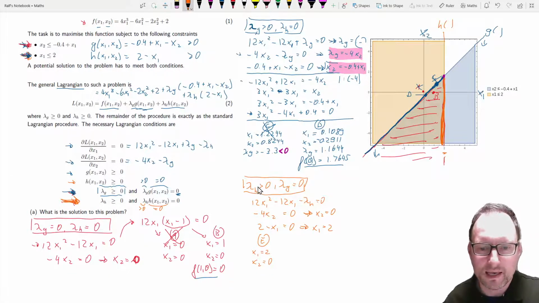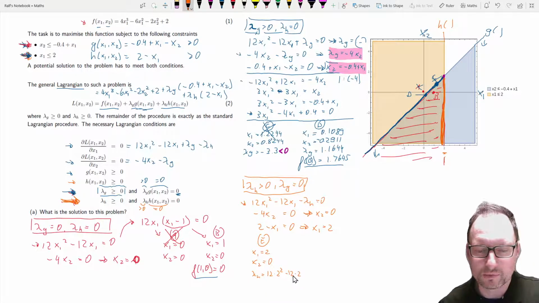What about lambda H? Okay, so we can see from this equation that lambda H is equal to 12x1 squared minus 12x1. So what do we get here? Lambda H is equal to 12 times 2 squared minus 12 times 2.